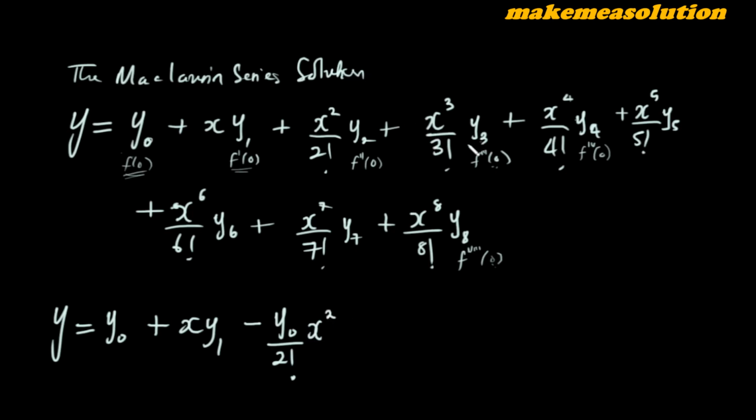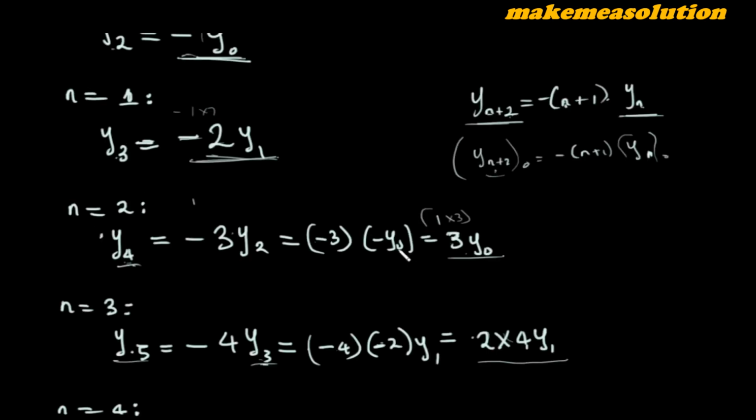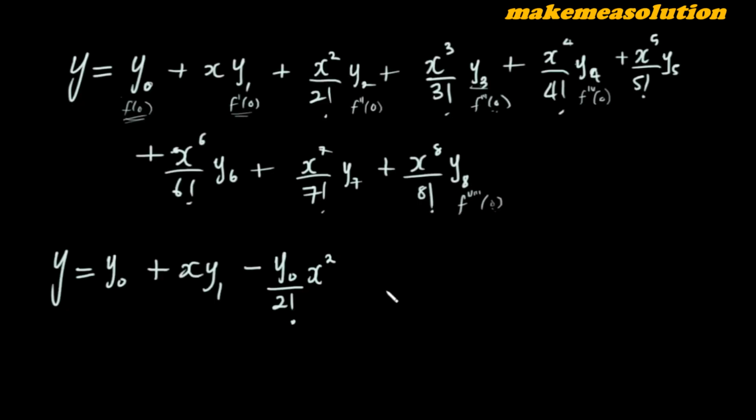Then let's see what y3 is. y3 is actually expressed in terms of y1. It is minus 2 y1. So I'm going to write minus 2 y1 all over 3 factorial, then x cubed.